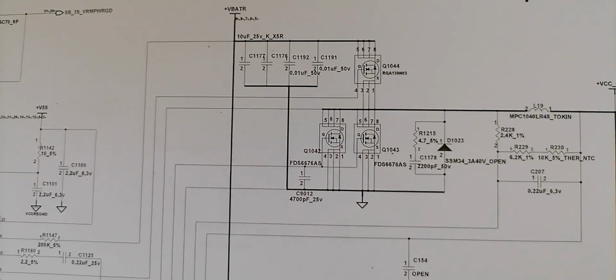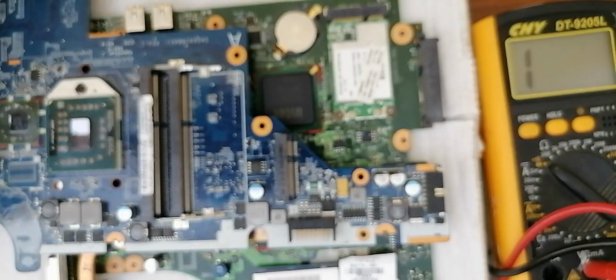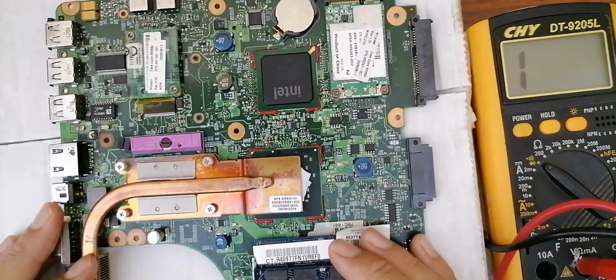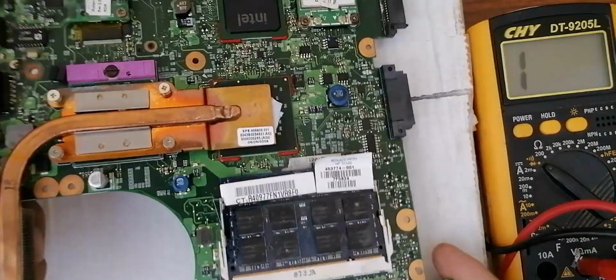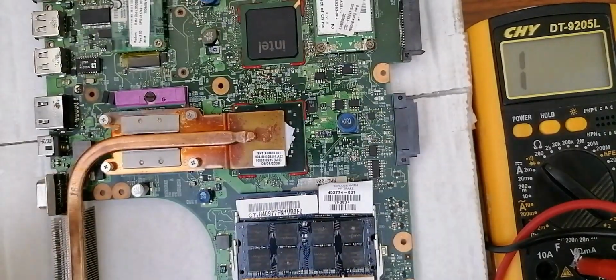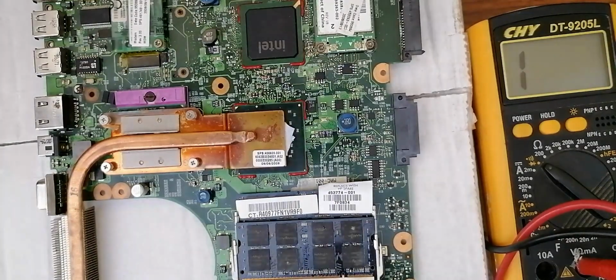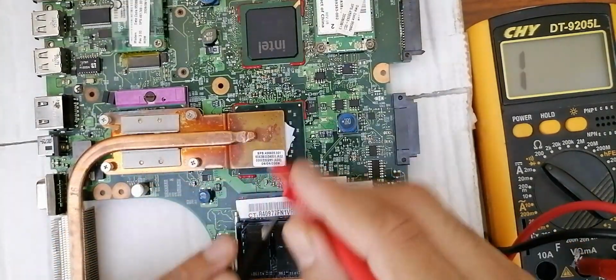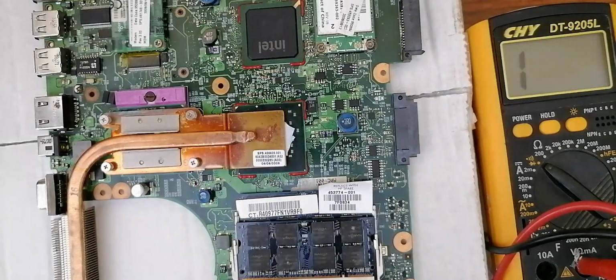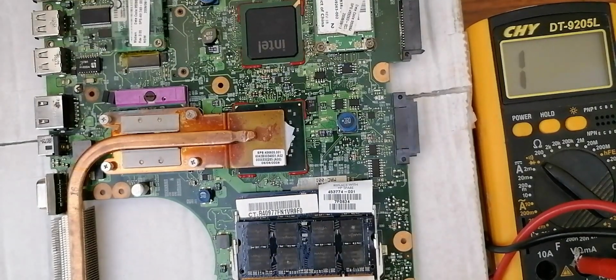Okay, now you understand the MOSFET. So good. Now let's diagnose the motherboard. So if you get any motherboard from any customer, what should you do first? The first thing to do, please pay attention, is not using the multimeter checking the motherboard. No, the first thing to do is the visual inspection using just your eyes.